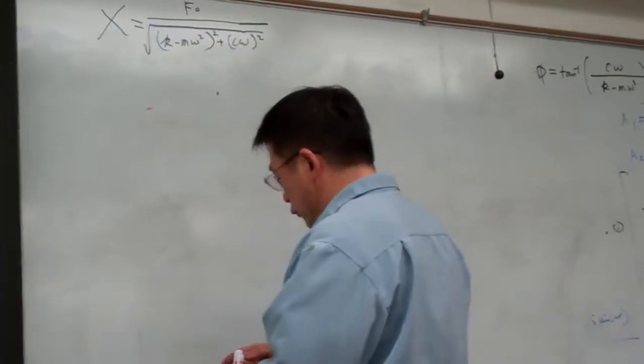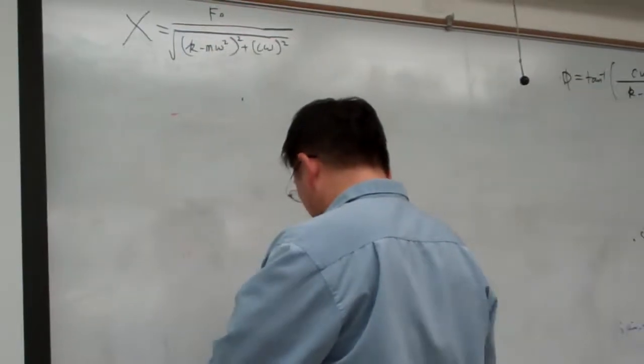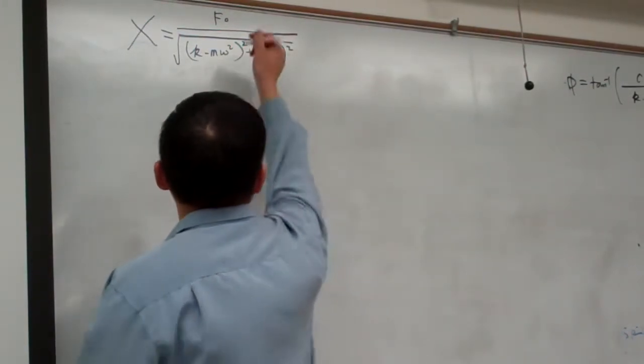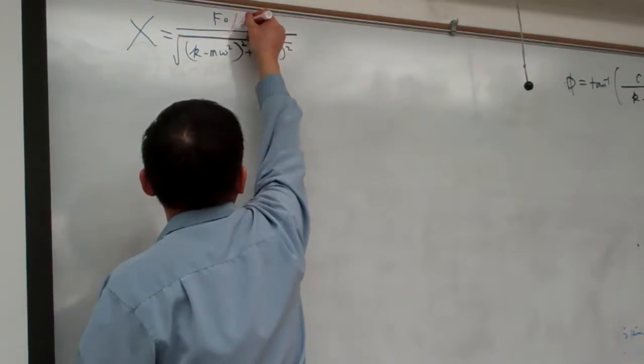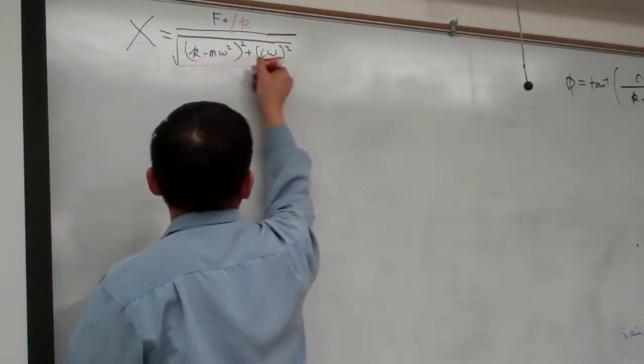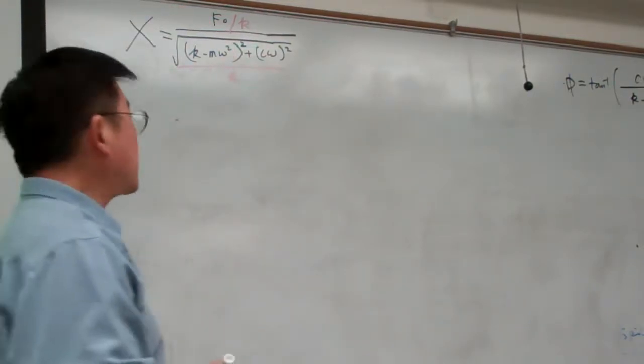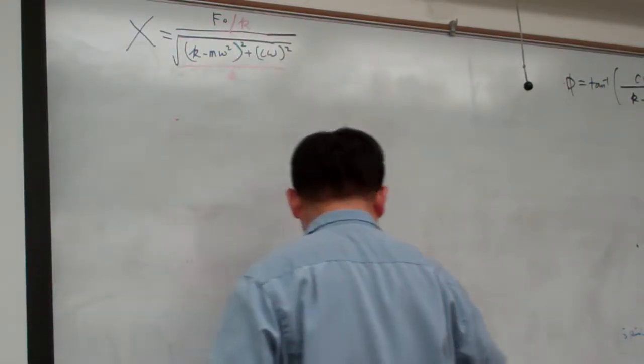For this one, what we would do is simply divide the numerator by k and the denominator by k. We divide both sides by k, and we see what happens here.